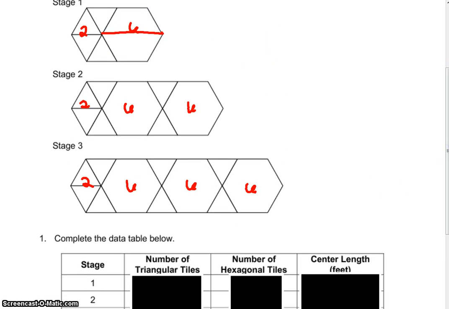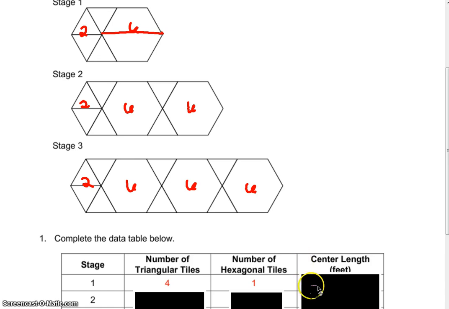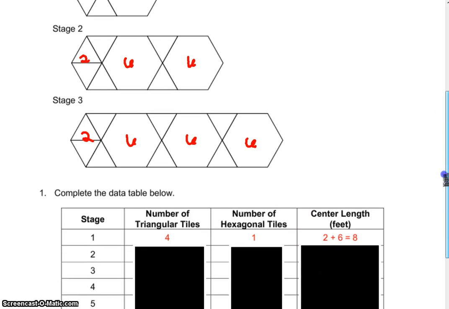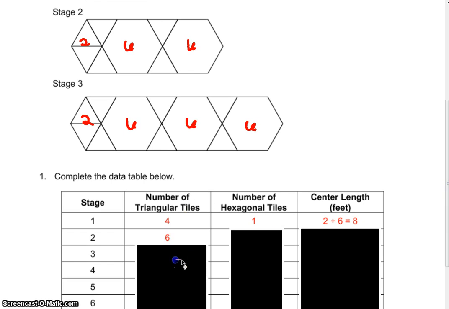The number of triangles that you have would be 1, 2, 3, 4. The number of hexagons would be 1. And the center length would be 2 plus 6, which is 8. In stage 2, we have 6 triangles because we have 4 here plus 2 here.